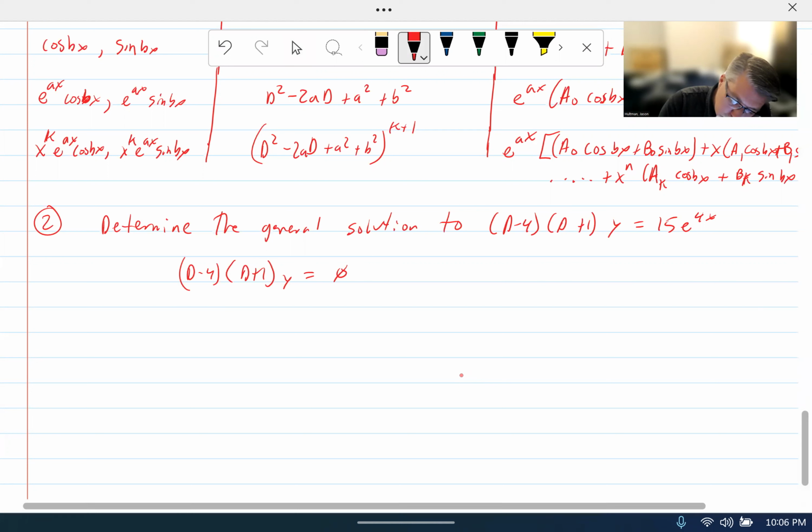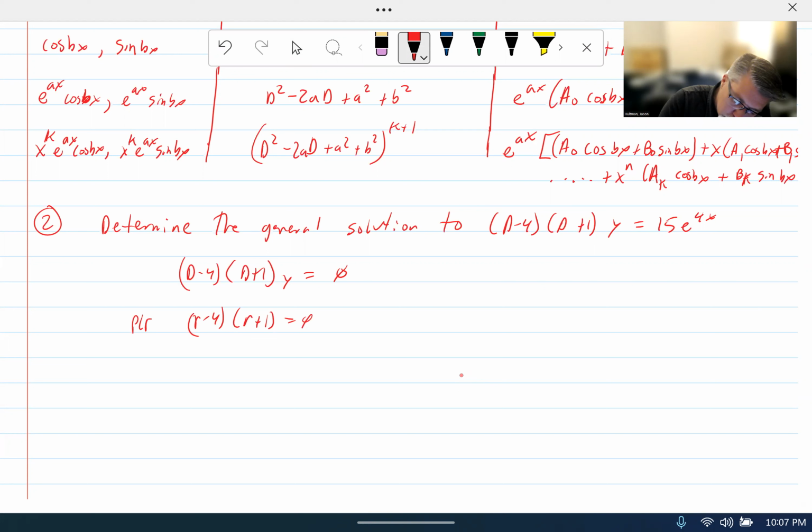Okay, this is kind of simple. If I have (r - 4)(r + 1) = 0, then I get r = 4 and r = -1.